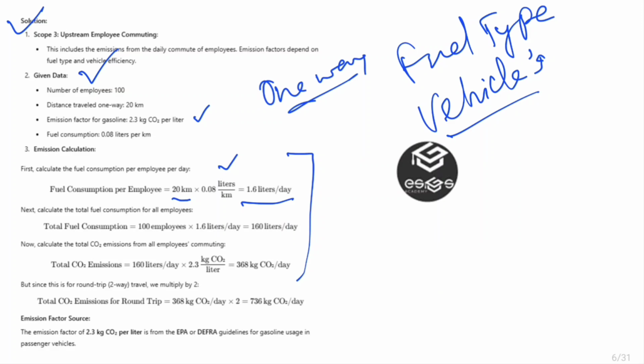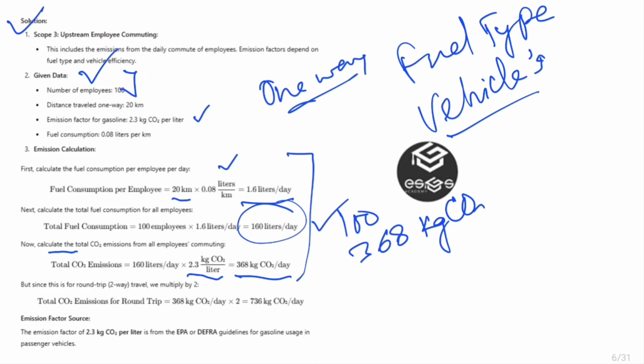Next we calculate the total fuel consumption for all the employees, so multiply this by 100, because the total number of employees is 100. Now calculate the total CO2 emissions from all employees commuting. We multiply this with the emission factor, 2.3 kilogram CO2 per liter. So the total will be 368 kg CO2 per day.